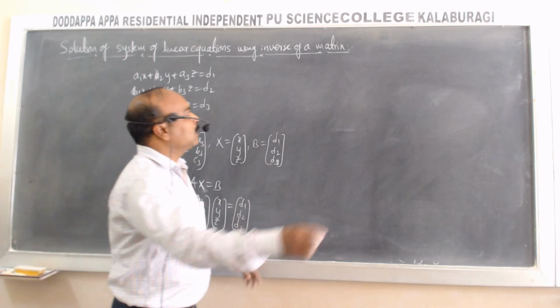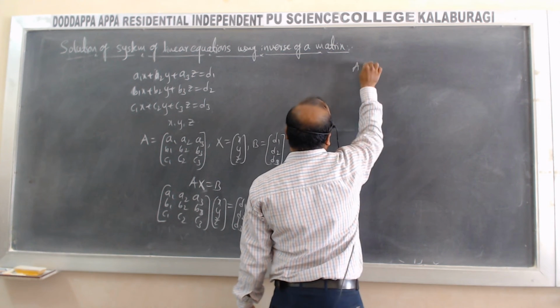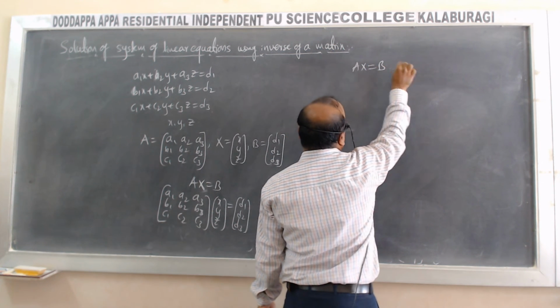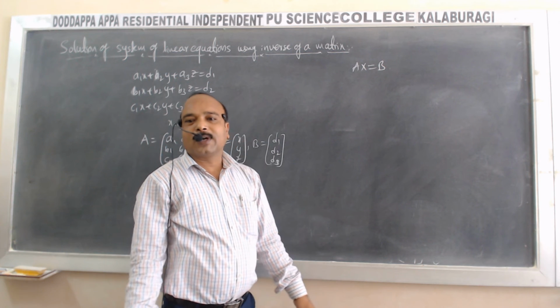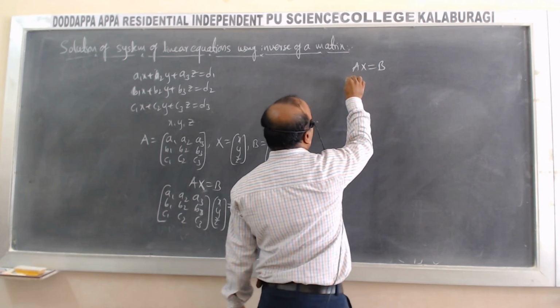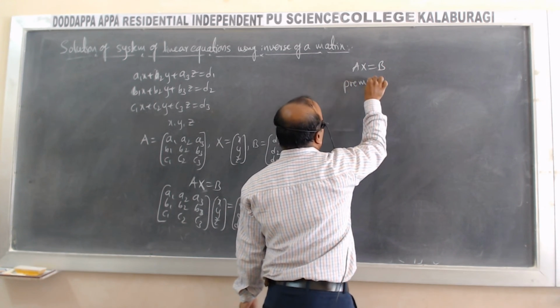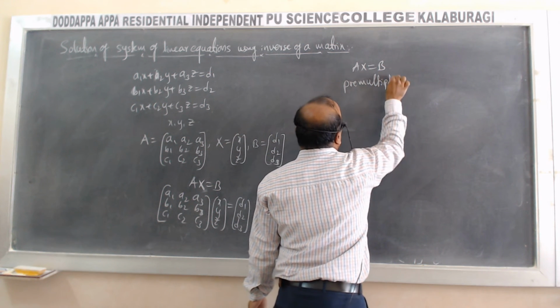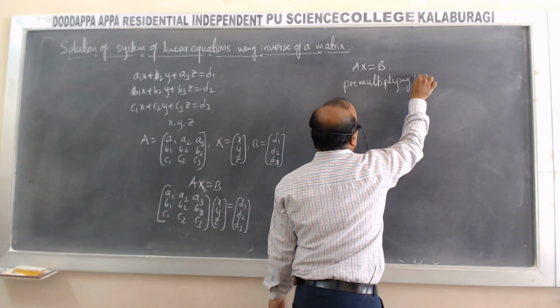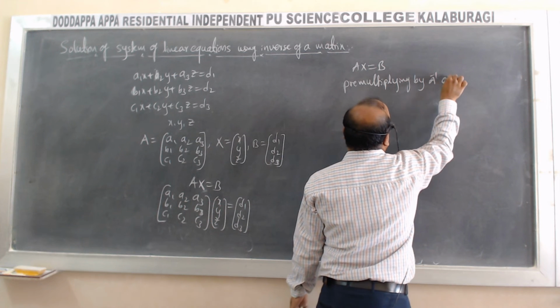Now by using the equation AX equal to B, we use the inverse of the matrix. For that, we pre-multiply by A inverse on both sides.